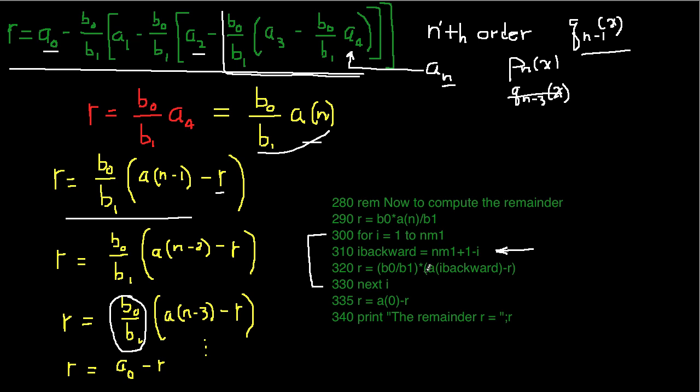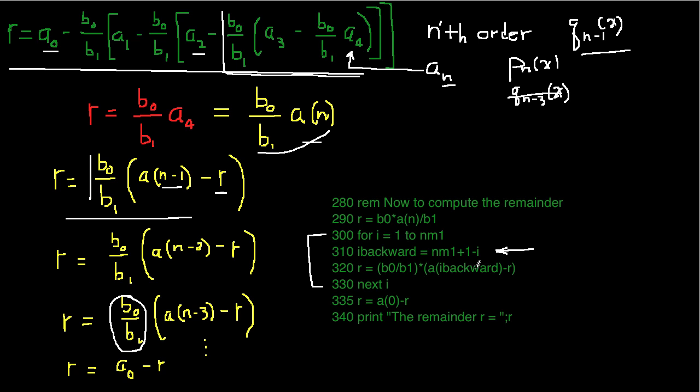So I now execute this command over and over again, which looks like this statement right in here. It's B0 divided by B1 times A of I backward minus R. And like I said, when I is equal to 1, this is just equal to n minus 1, which is exactly what we want here.